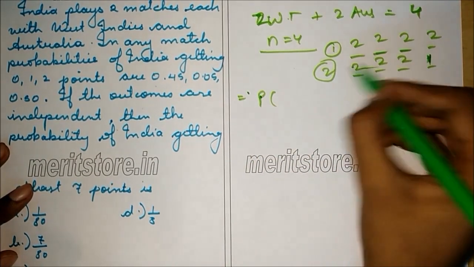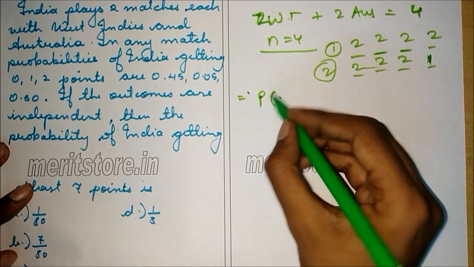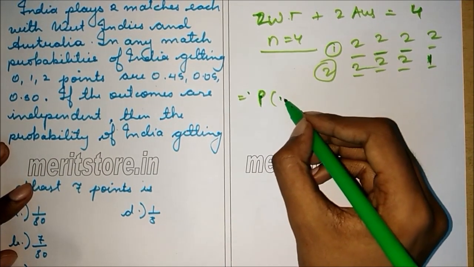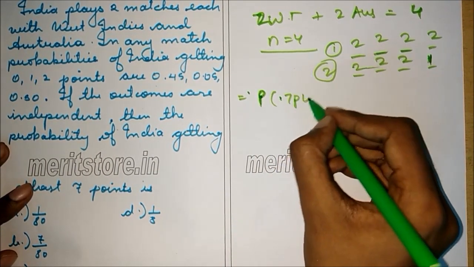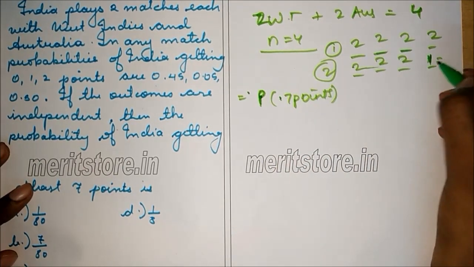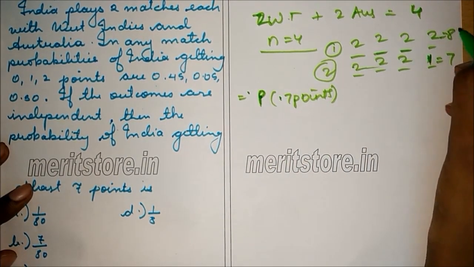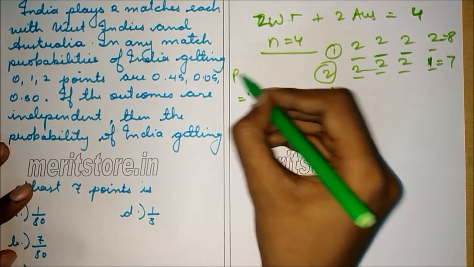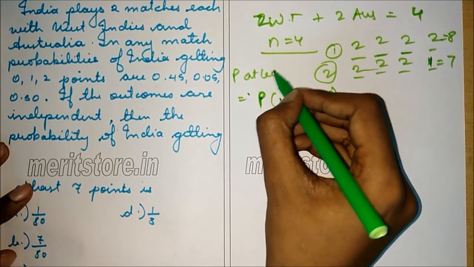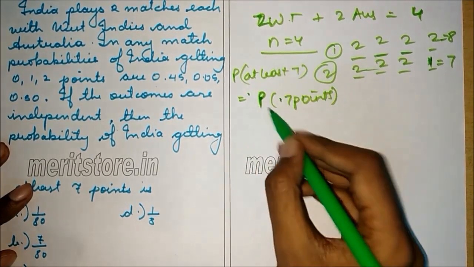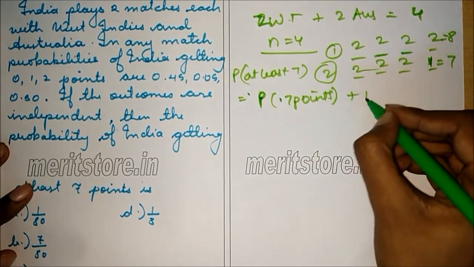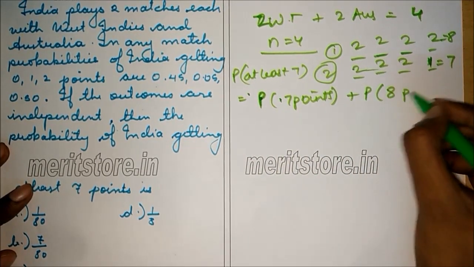So total probability will be probability of getting 7 points. Here we will be getting 7 and here we will be getting 8. So at least we want probability of at least 7. So this will be the total of probability of 7 points plus probability of 8 points.